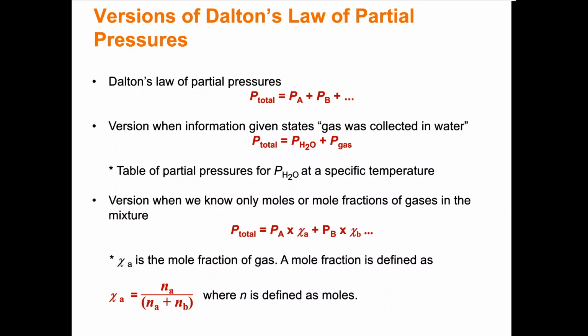Therefore our P total is equal to the pressure of H2O plus the pressure of oxygen. So our P total is equal to 0.031 plus 0.016, just the numbers they gave us up top. Our total pressure is just 0.0487 atm. So it's just the sum of all the pressures that were inside the flask.